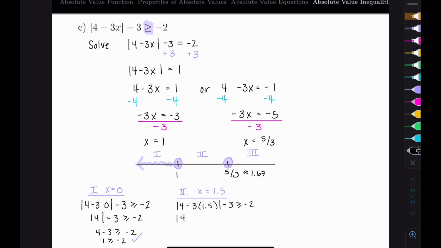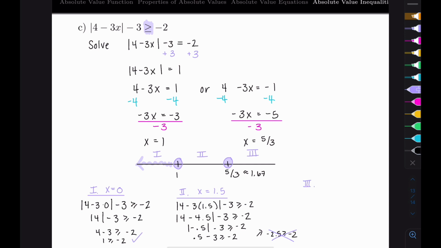So this is the absolute value of 4 minus 4.5, minus 3, is greater than or equal to negative 2. Which gives us the absolute value of negative 0.5, minus 3, is greater than or equal to negative 2, which is 0.5 minus 3 is greater than or equal to negative 2, which is negative 2.5 is greater than or equal to negative 2. And unfortunately, that is not a true statement, so this interval does not work.